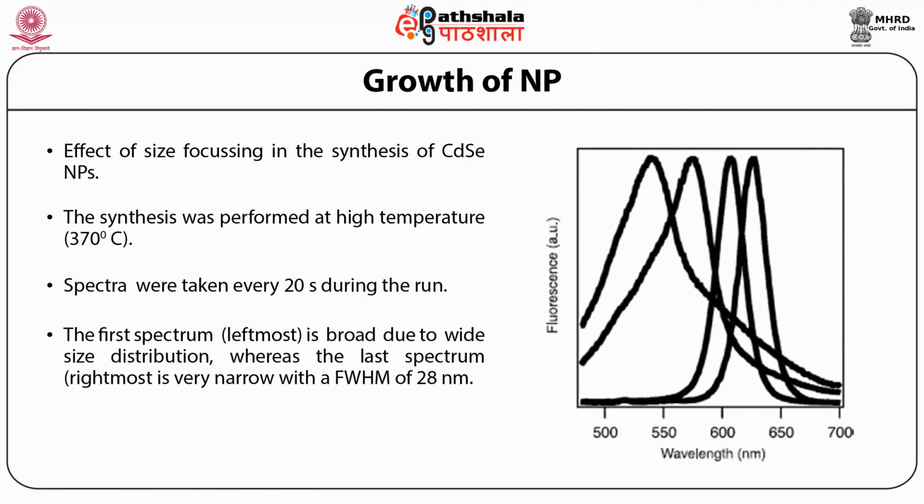In the case of fluorescent nanocrystals, the width of the fluorescence spectrum is a good indicator for the quality of the size distribution. Samples of cadmium selenide or cadmium telluride nanocrystals generally have a band line width of 30 nanometers or less, which in this case corresponds to 100 meV. This figure shows an example of the focusing of the size distribution.